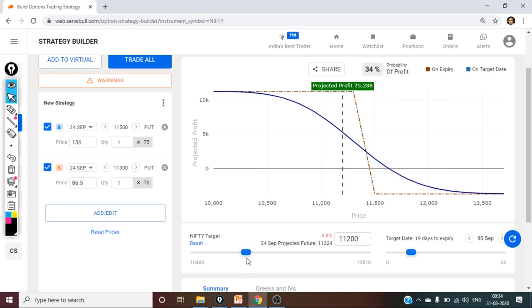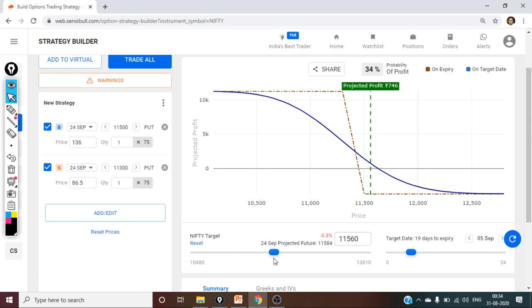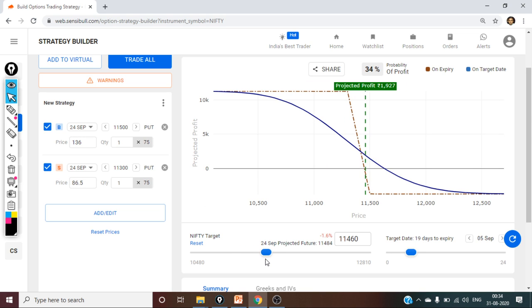An unlimited profit converts into a limited profit of 10,000 rupees, and a 10,000 rupees maximum loss is reduced to 3,700 rupees. That means we improve our risk reward ratio, and you can see the break even comes closer. Previously, in the long option, the break even was 136 rupees below, but right now it has come closer to our trading price.